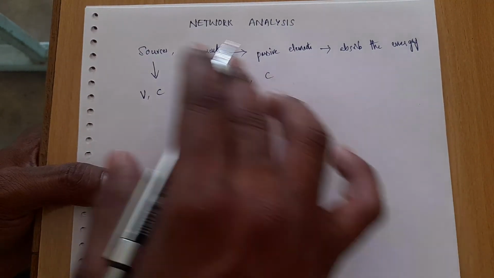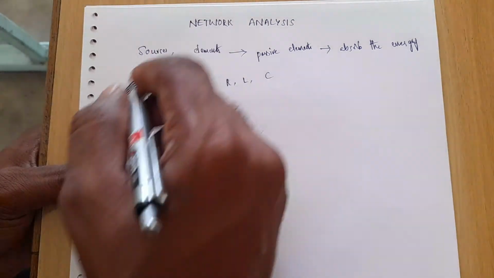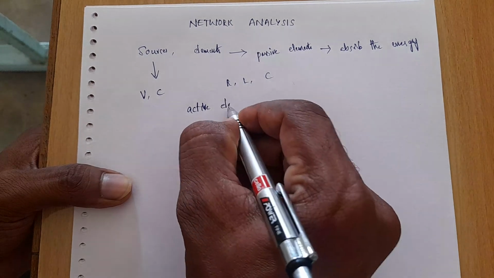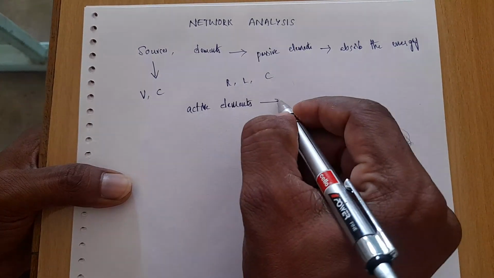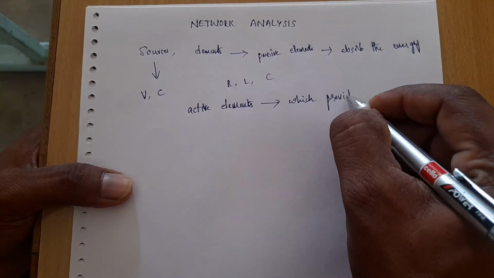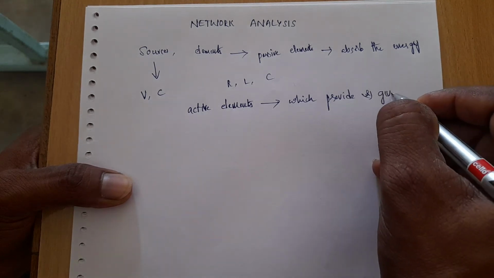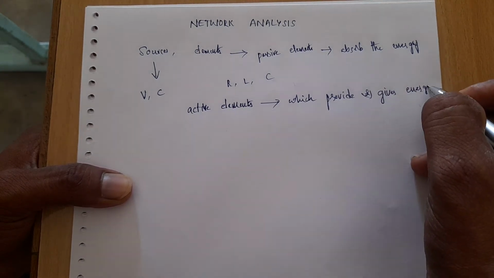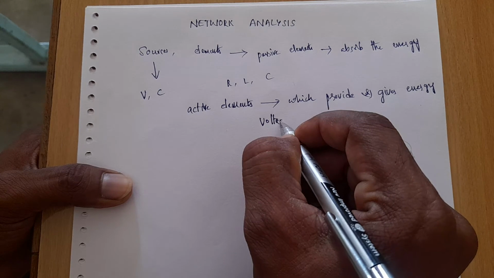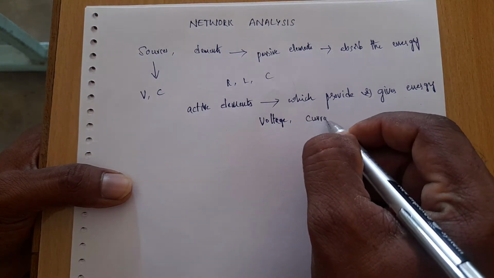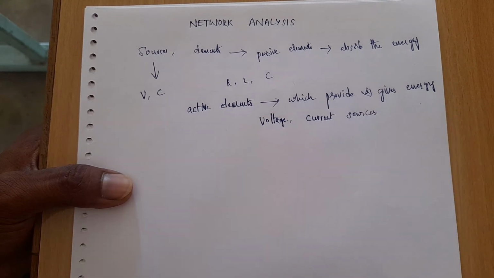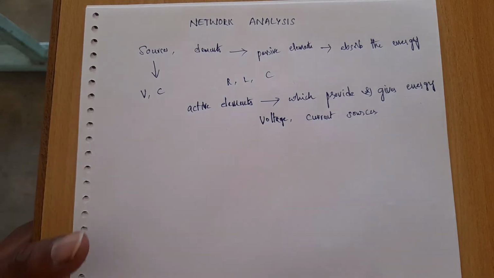So active elements provide or give energy. A general example is voltage and current sources. So that is one of the classifications.